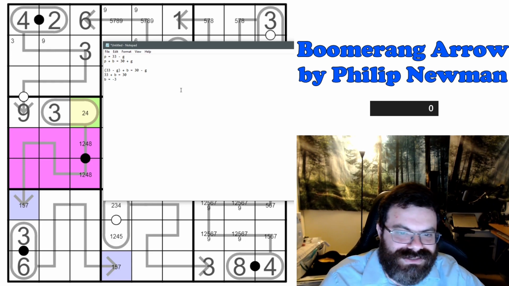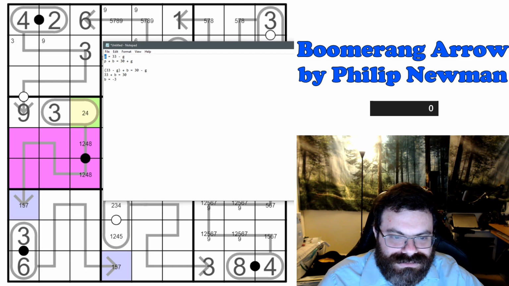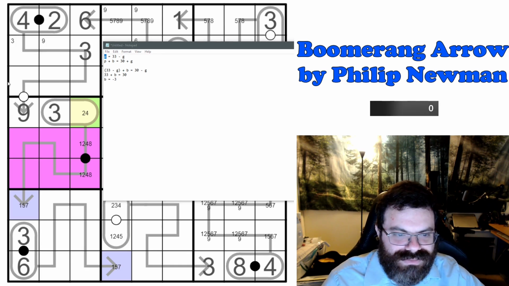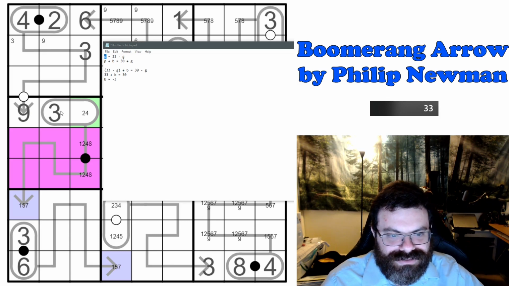Let's try this again. So the purple cells, so we know that this whole box adds to 45. So 45 minus 9 minus 3 is 33. So if I take 33 and I subtract green, that gives me what the purple cells add to. That's P. P is 33 minus green. We also know that purple plus blue is equal to 30 plus green.